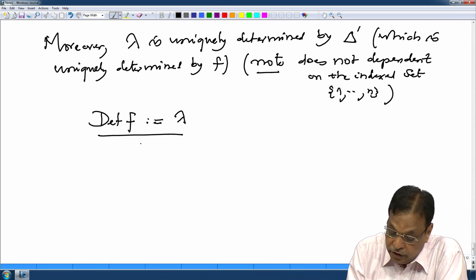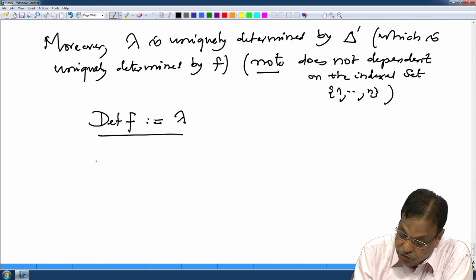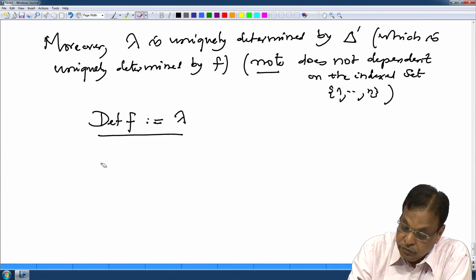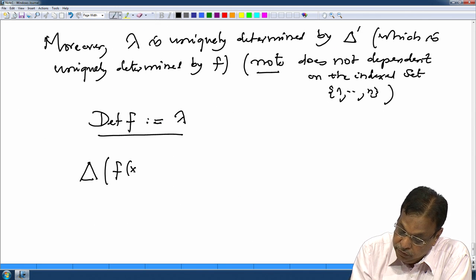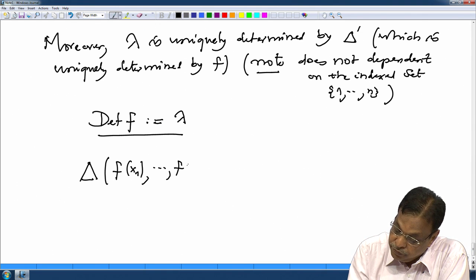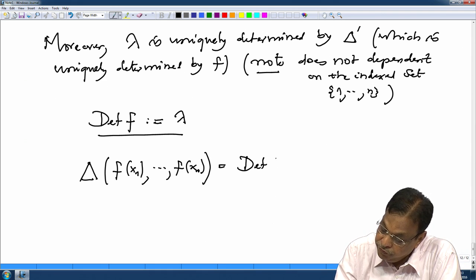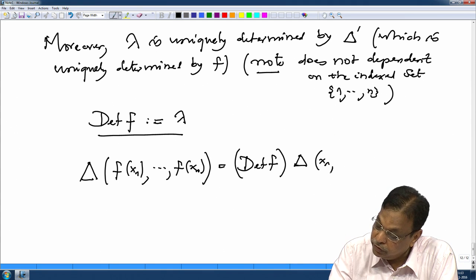Okay, so, therefore, the definition of the determinant, when you plug it in there, we get a formula: delta of f(x1, ..., xn) is equal to determinant of f times delta of (x1, ..., xn).